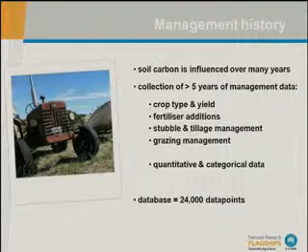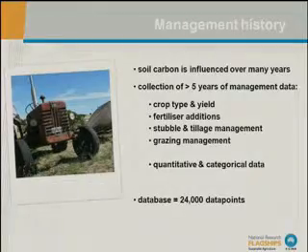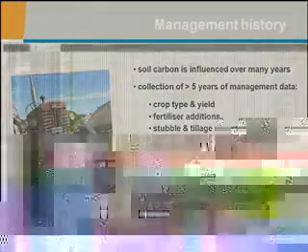We know that soil carbon content is influenced over many years, so we've collected the management data. The type of information that we've collected is a bunch of information on crop type, tillage management, stubble management, and various aspects of pasture management, so grazing aspects and the like.